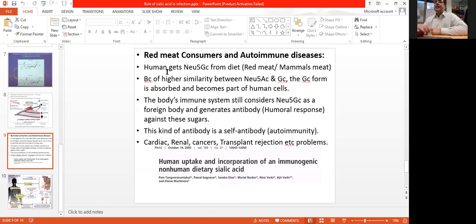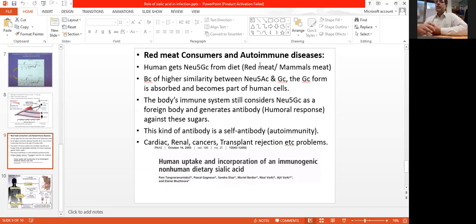So there is bad news for the red meat consumers here. As we are talking about sialic acids, we should also discuss that red meat consumers can suffer from autoimmune disorders or autoimmune diseases.